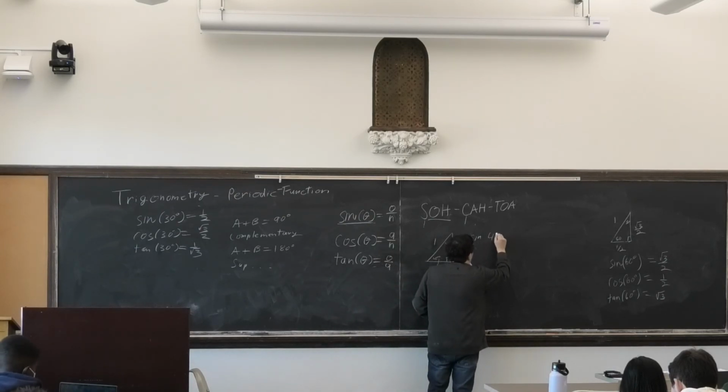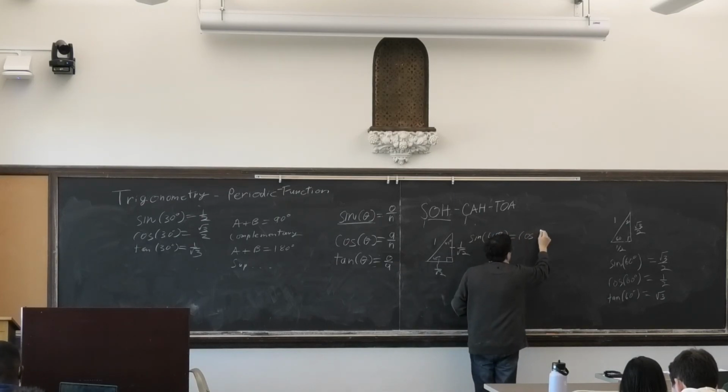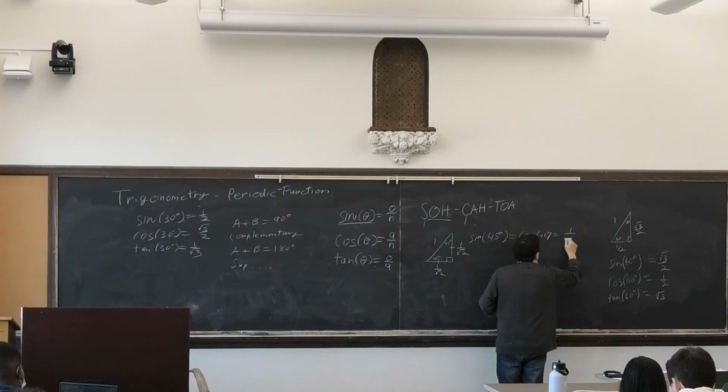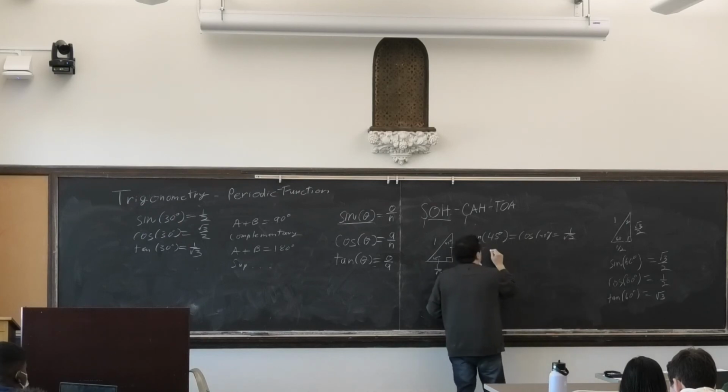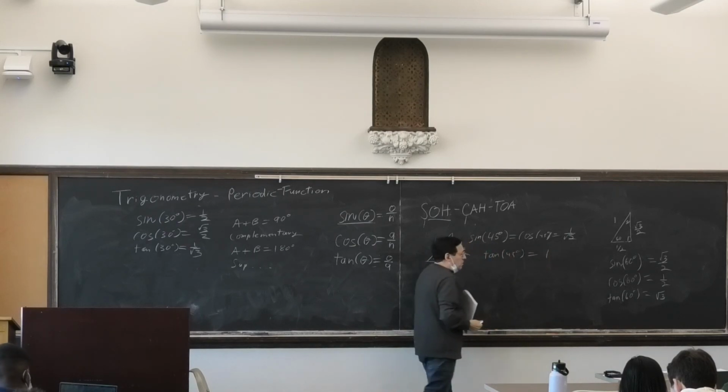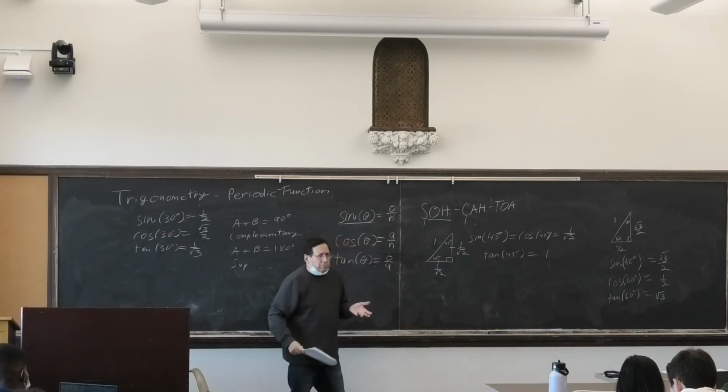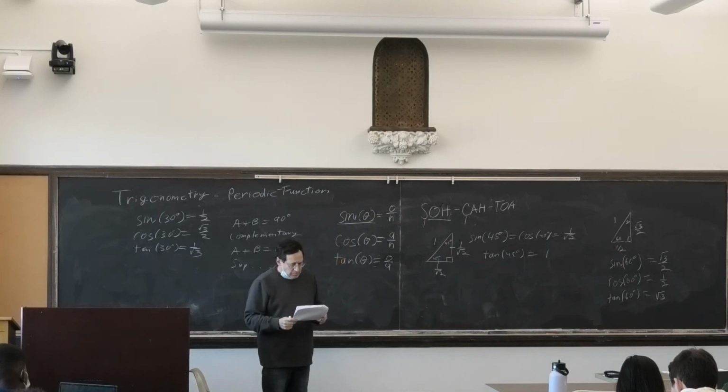So the sine of 45 degrees and the cosine are 1 over the square root of 2, and the tangent. These are all important angles that you should commit to memory, because they're going to come up that often.